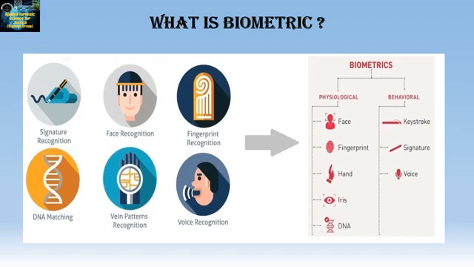Physiological means related to a body part, such as face recognition, fingerprint recognition, hand vein pattern recognition, iris, and DNA matching. And behavioral is related to someone's behavior or habit, such as keystroke, signature, and voice recognition.